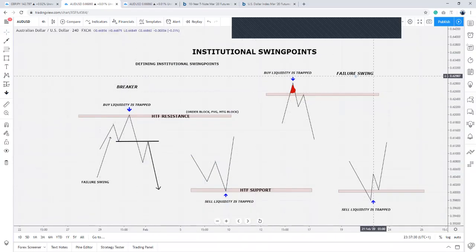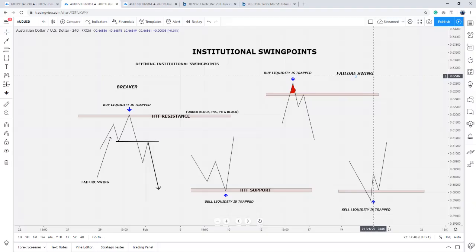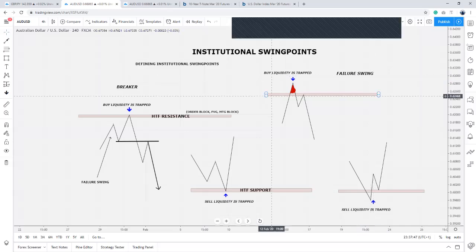So now, what is the failure swing? All right. So for a failure swing, as always, you want to have your higher time frame resistance level or higher time frame support level identified beforehand, and you're looking at how price reacts around that level.